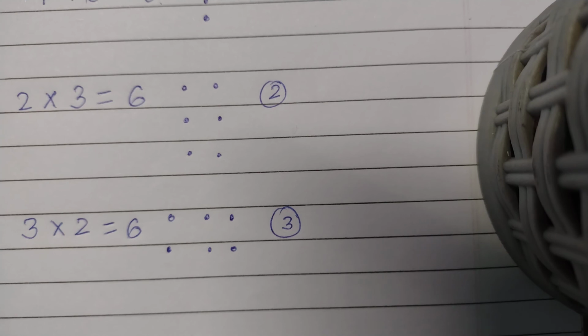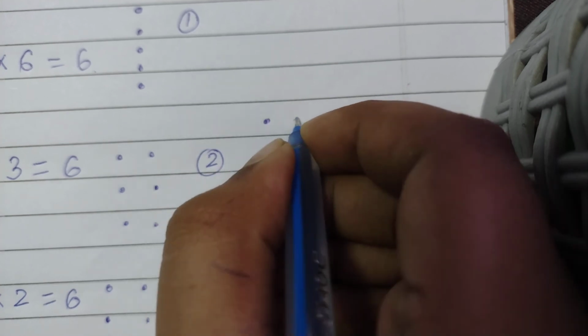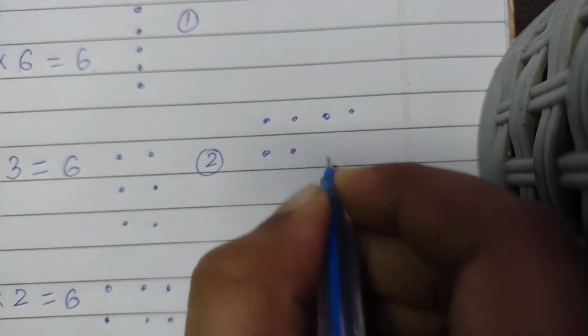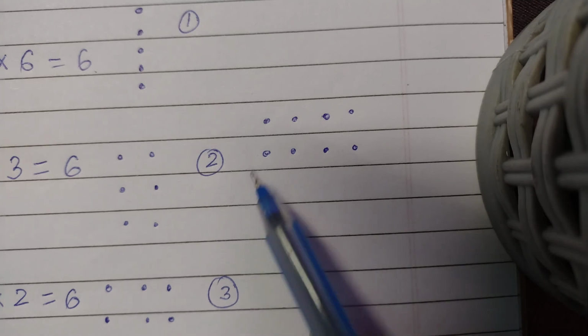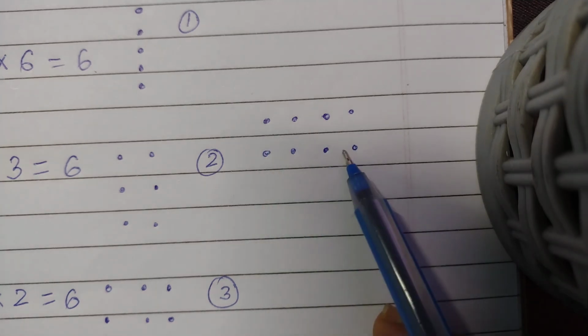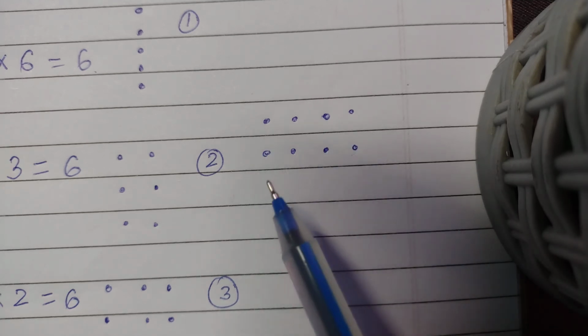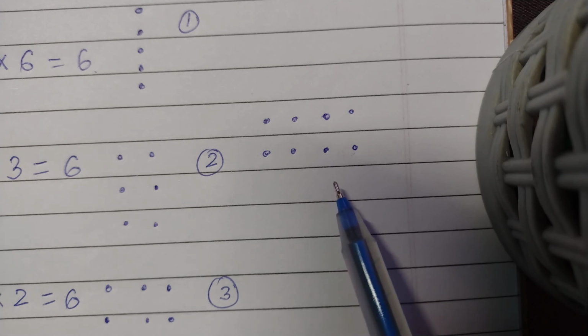Now if he arranges 4 marbles in each row, 1, 2, 3, 4, how many marbles are there? 1, 2, 3, 4, 5, 6, 7, 8, but he has only 6 marbles. So this will not be our case. If we arrange 5 marbles in each row, that will also not be our case.